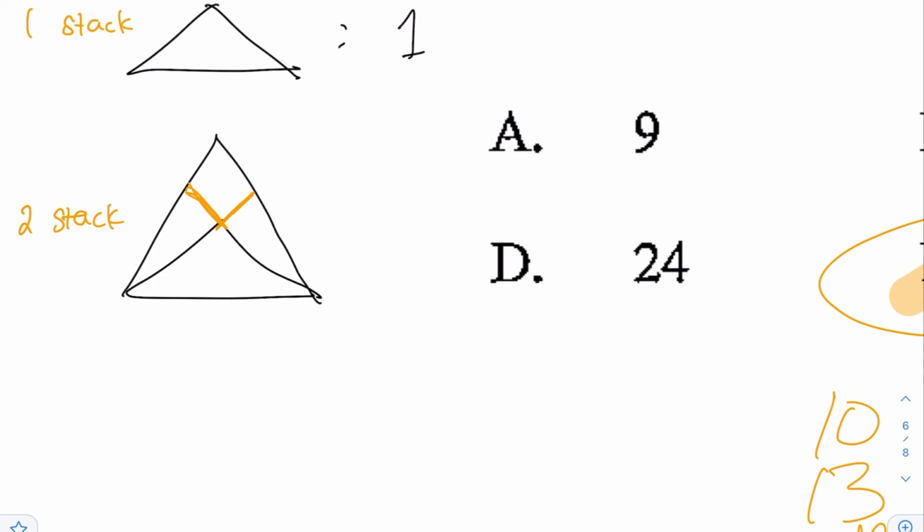And in this 2 stack, you can see, of course, there's individual triangles. You have 1, 2, 3. And then for the pairs, you have 1, 2, 3, and 4.